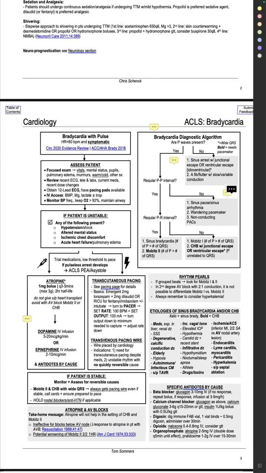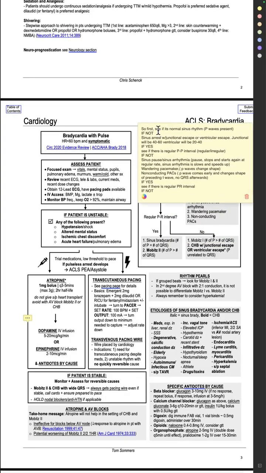If it's a sinus pause or sinus arrhythmia, then basically the rhythm will pause and then start again at a regular rate. The arrhythmia is if it slows or speeds up. Wandering pacemaker is the P waves change shape. The non-conducting PAC is the P wave comes early and changes the shape of the preceding T wave as it's buried in that complex, and then there's no QRS afterwards.